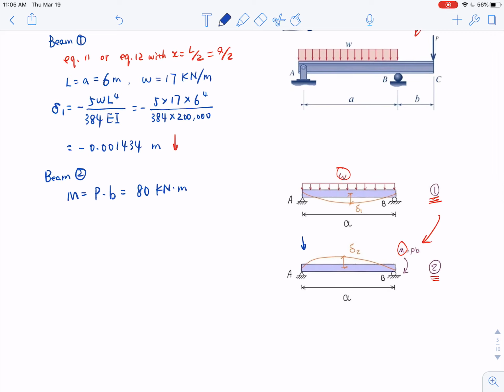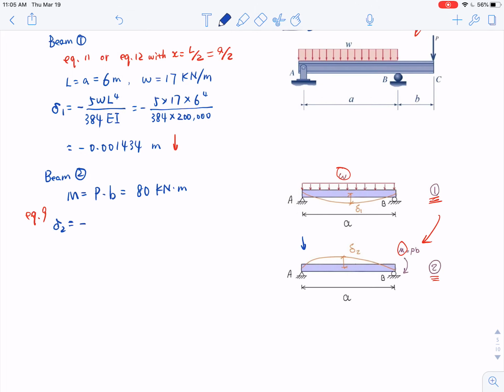Delta 2 is just negative. Here this is equation 9.